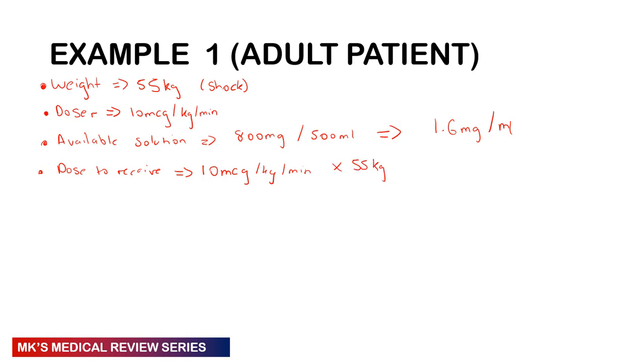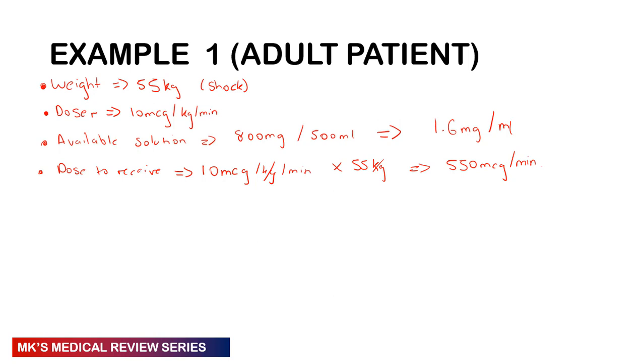And remember, the kg here cancels that kg. So if you multiply 10 by 55, that gives us about 550 micrograms per minute. So this person must receive 550 micrograms per minute.